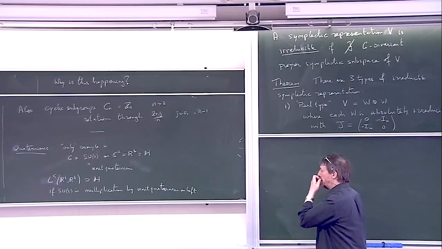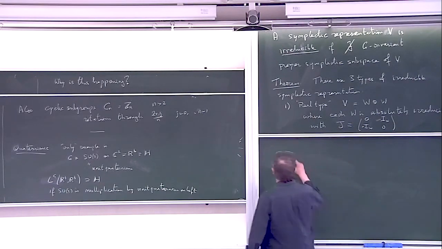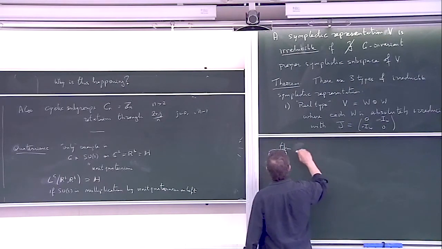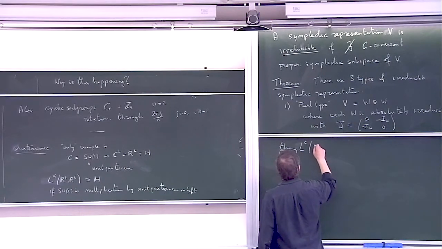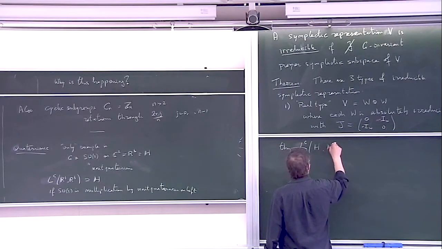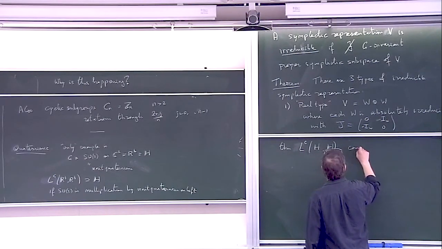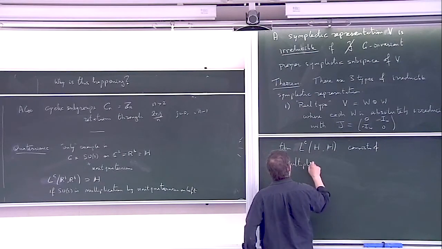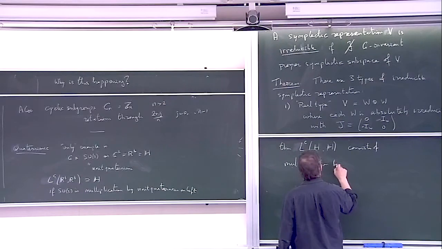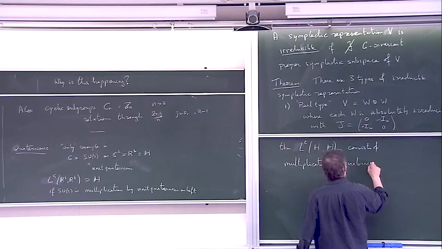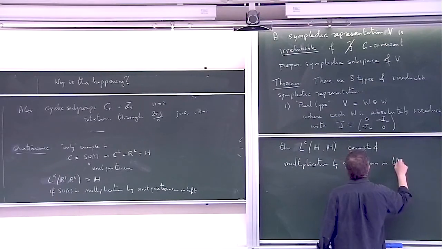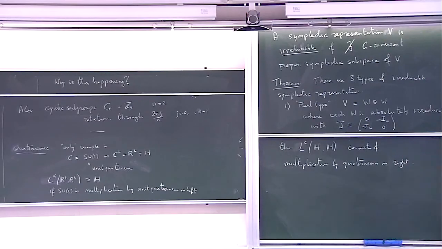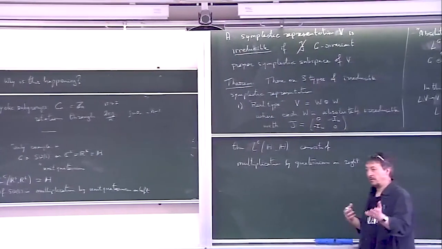It was just for completeness. So then the commutant of G consists of multiplication by quaternions on the right, because multiplication on the left and on the right commute because of associativity.